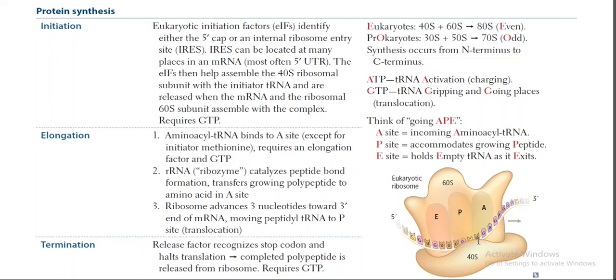As soon as the stop codon appears in the A site, the releasing factor binds to the A site and helps to dissociate the polypeptide chain from the tRNA molecule in the P site. So the released polypeptide chain may enter into the cytoplasm or into the endoplasmic reticulum for post-translational modifications.